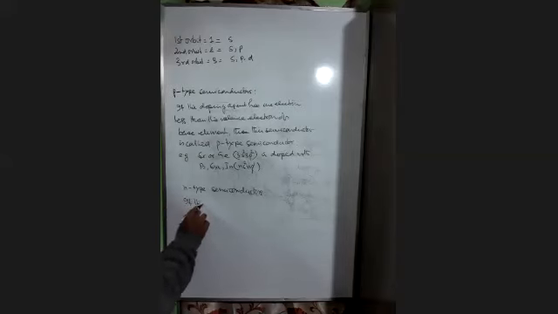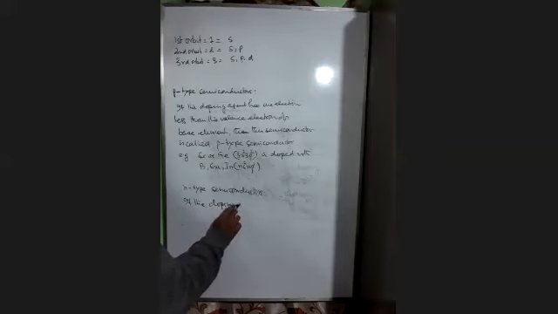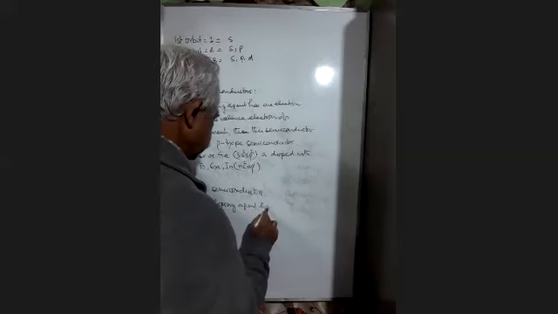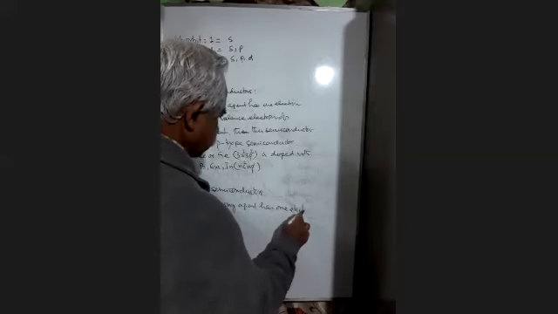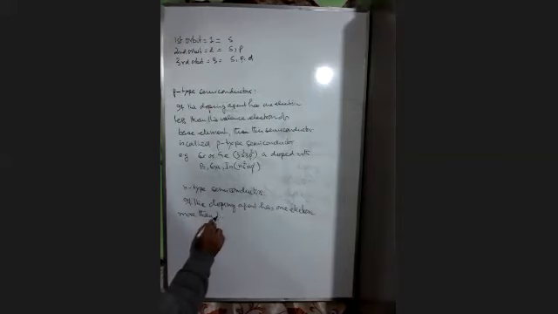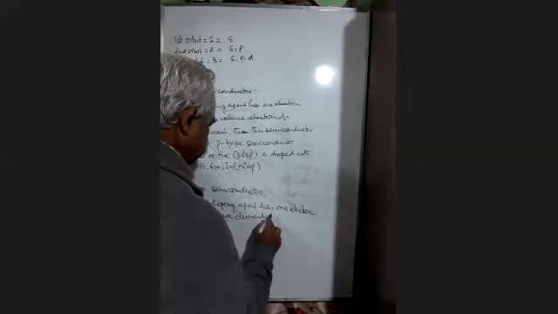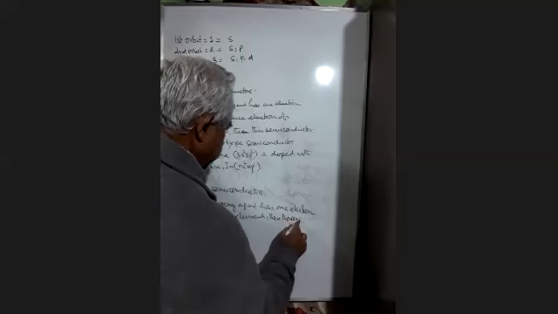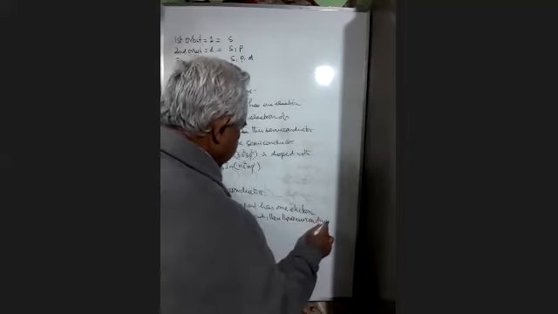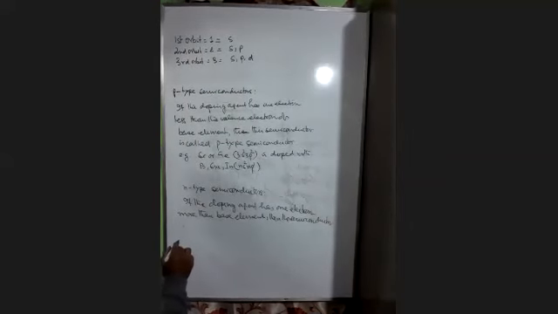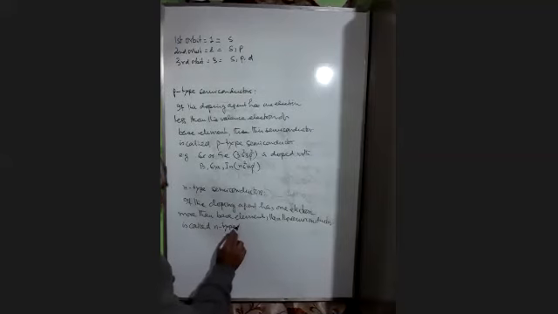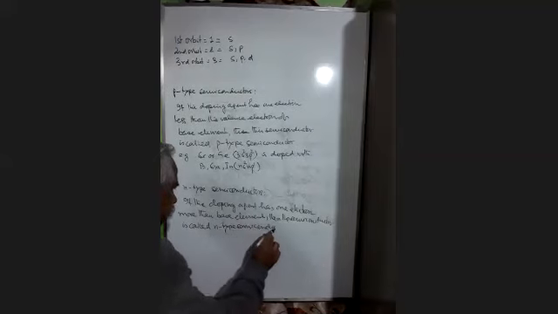Semiconductor: if the doping agent has one electron more than the base element, then the semiconductor is called N-type semiconductor.